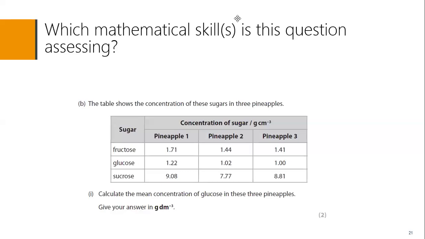So you've got a table that gives you information from 3 pineapples, and it's looking at 3 sugars. And the question asks you to calculate the mean concentration of glucose in these 3 pineapples and to give the answer in grams per decimeter cubed. And that is in bold to help students, to send them in the right direction.